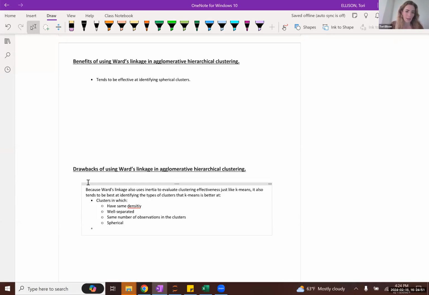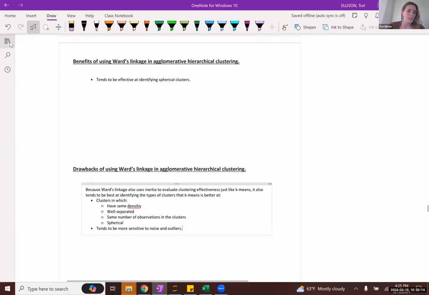And then also you want to remember that k-means, as well as Ward's linkage, as we're going to see, tends to be more sensitive to noise and outliers. All right. So there are some pros and cons of Ward's linkage. Any questions on that?